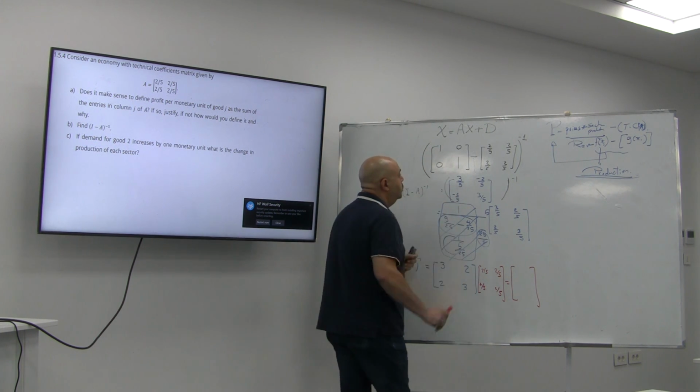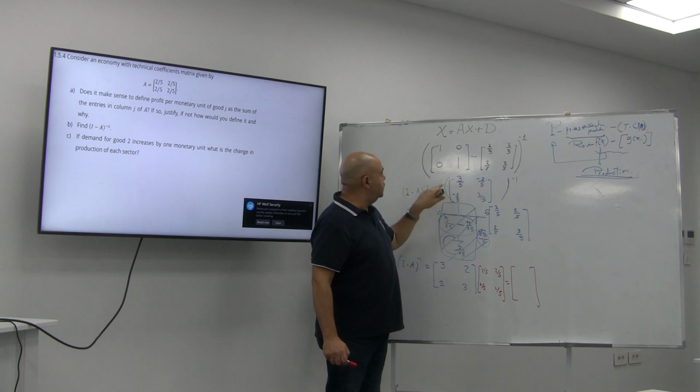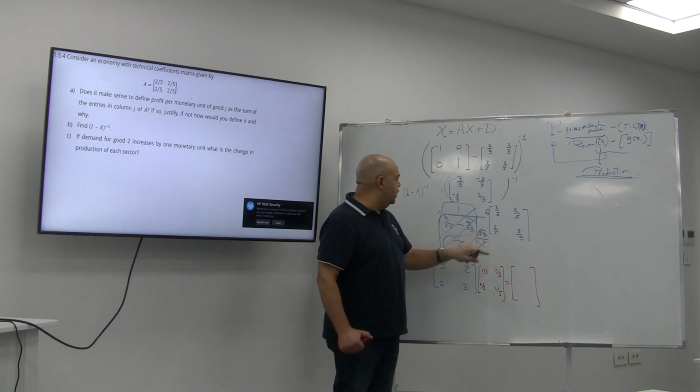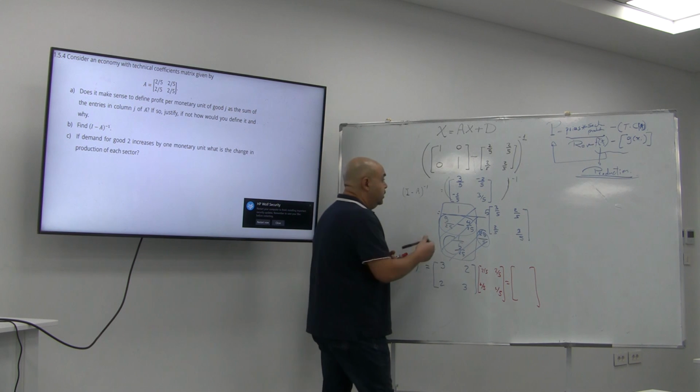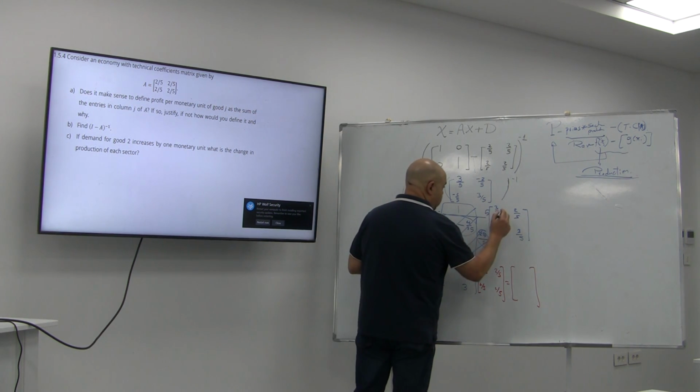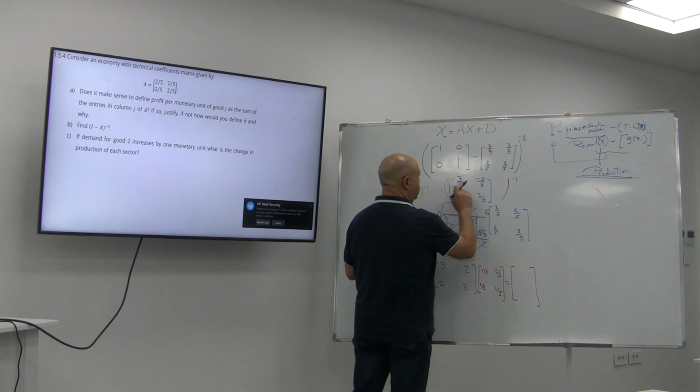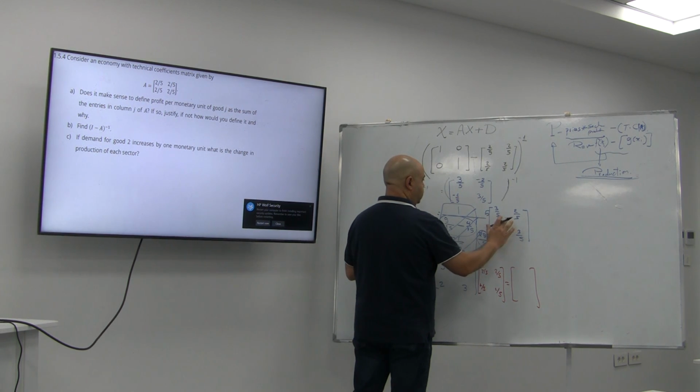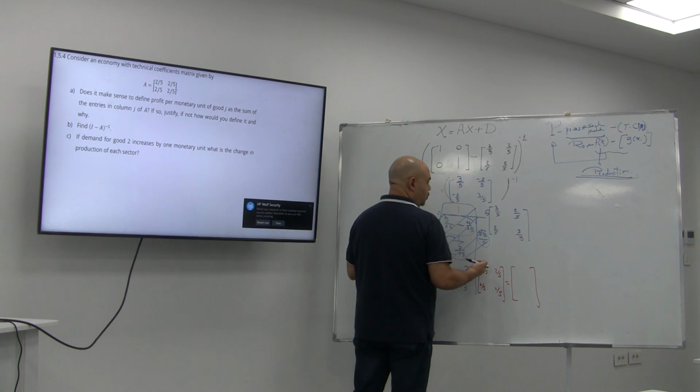No, 0 minus 2 over 5, which is negative 2 over 5, and 1 minus 2 over 5 is 3 over 5, so these are the numbers. Yes. The mistake is here. Now, those are the numbers of the inverse, so we are getting the inverse. This is the numbers, changing the sign of the other two columns.